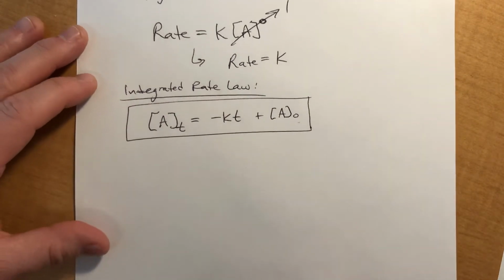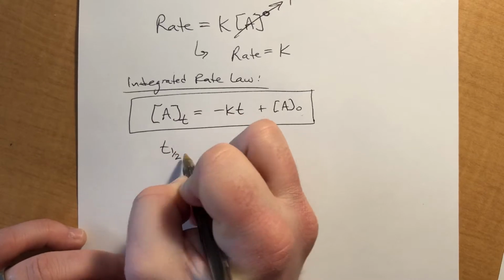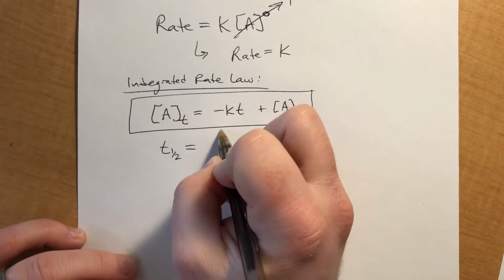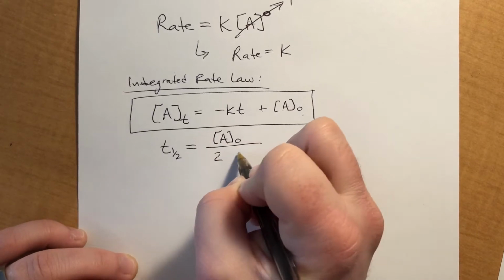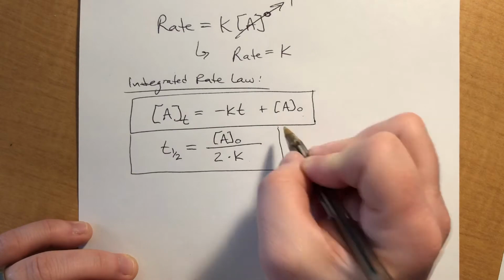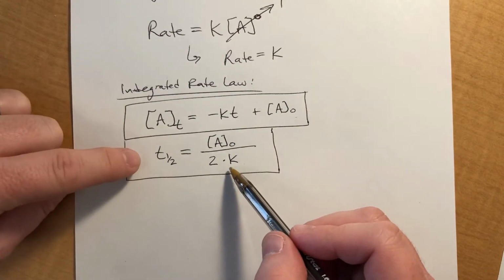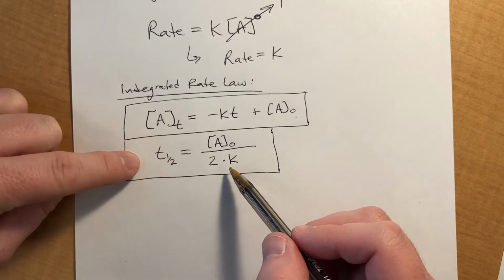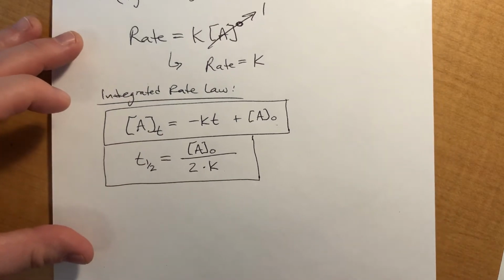And there is a half-life equation for this as well. For this one, the half-life actually does depend on the concentration. So it's the concentration at time 0 divided by 2 times k. So this is the integrated rate law. This is the half-life equation.